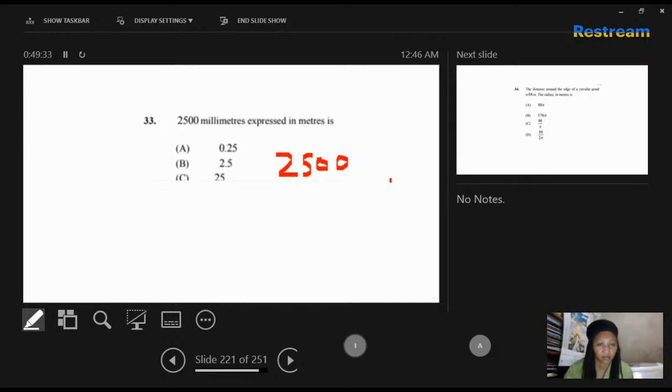So that would be 3 places up. So we divide 2,500 by 1,000. So that would be 2.5 meters. B.